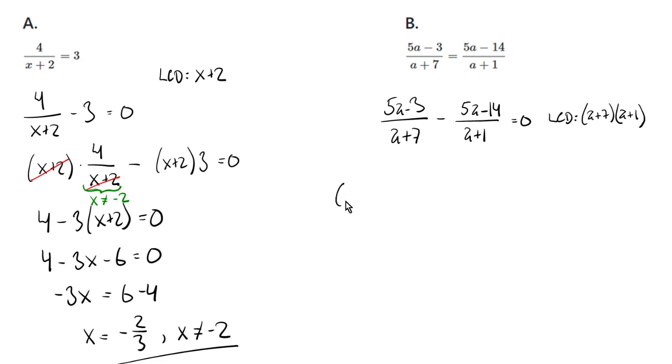So it's going to be a plus 7, a plus 1, that's your lowest common denominator, times the first term, which is 5a minus 3 over a plus 7, minus the second term, but first we have to multiply it by a plus 7 times a plus 1, lowest common denominator, times the second term.